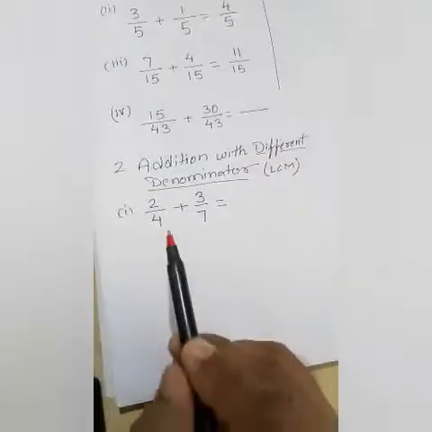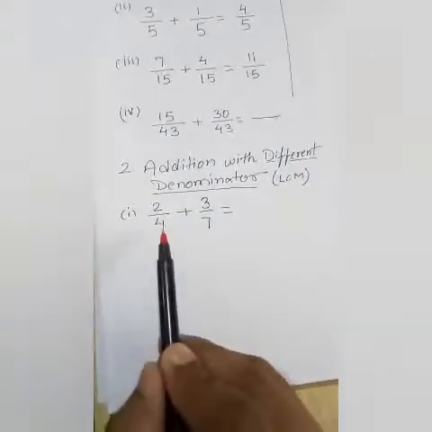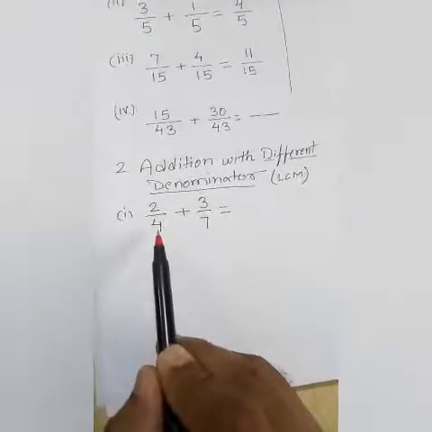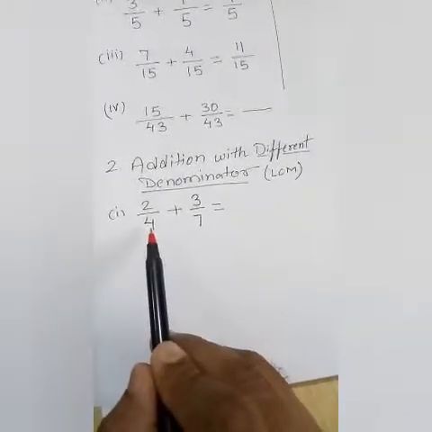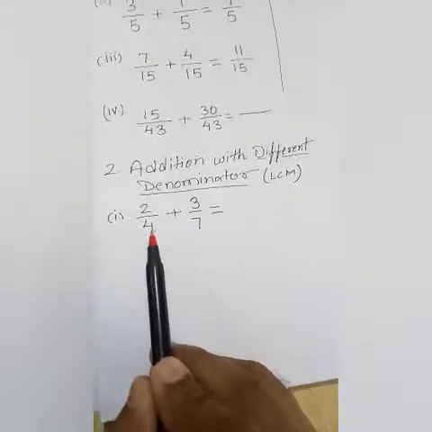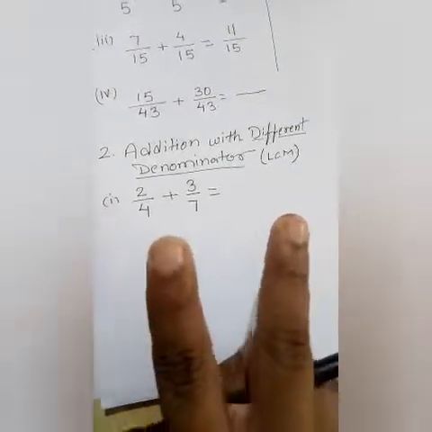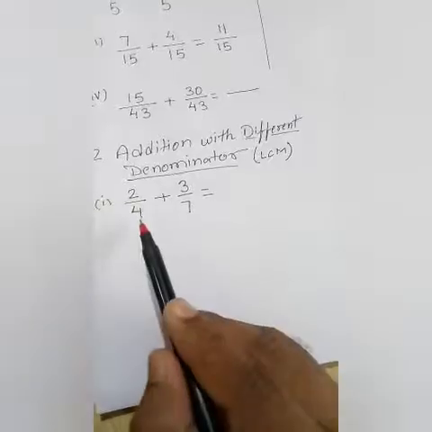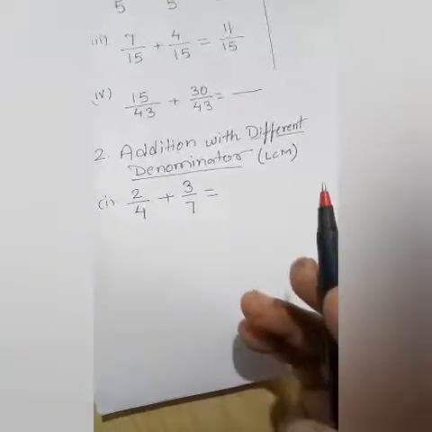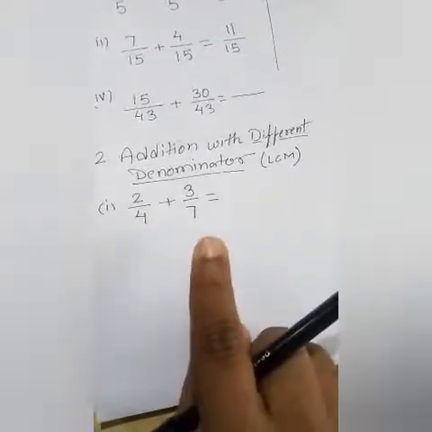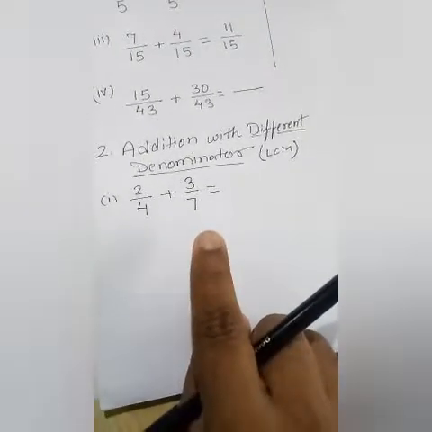But the good thing about this question is, I hope all of you know about prime numbers. If you don't know, a prime number is a number which has only two factors. Now 4 has more than 2 factors: it is divisible by 1, and all numbers are divisible by 1.